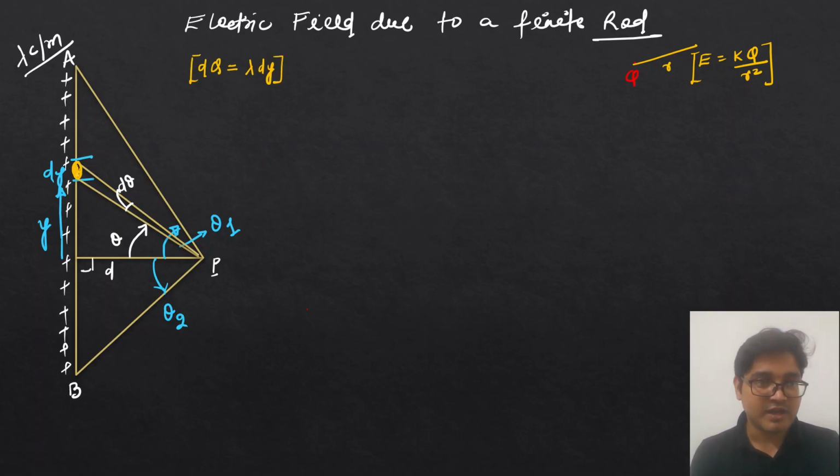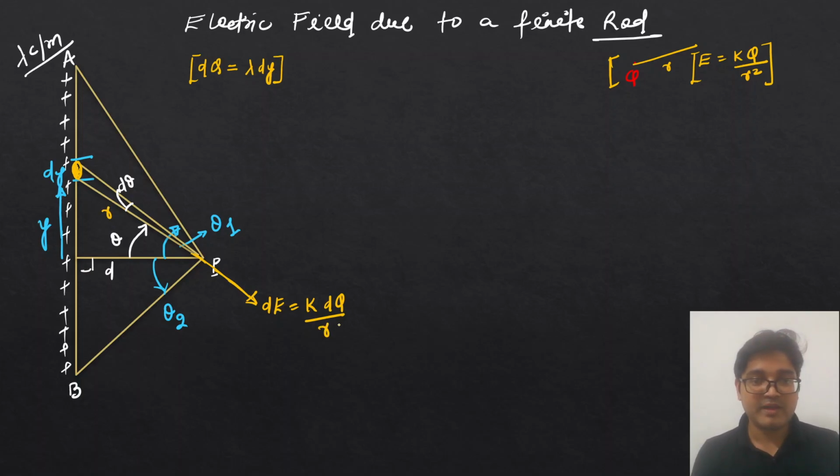Now this charge which is confined in this length dy can be considered as a point charge, right? So due to this point charge, you can use this formula to calculate the electric field at point P. For this dq charge, the electric field at P will be in this direction, and the value of dE will be simply k times dq upon r square, where let us suppose the distance between this dq and the point P is r.